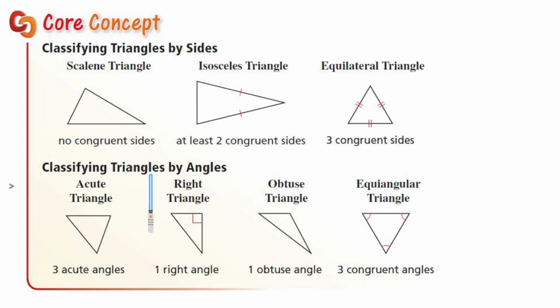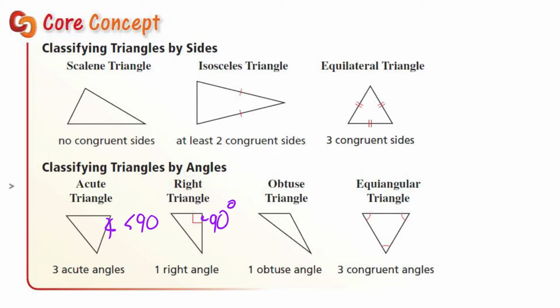And if we classify triangles by angles, the acute triangle means that you have an angle that is less than 90 degrees. A right triangle means you have one angle that is exactly 90 degrees.